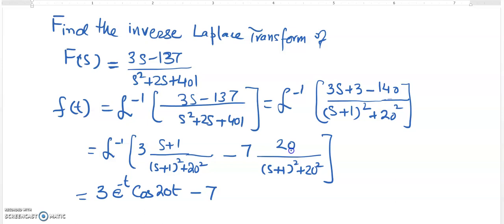And minus, this is for the sine, because for the sine omega is here, for the cosine s is here, so it will be minus 7 e power minus t, which is also the shifting of s, times sine 20t. In this way we can find the inverse Laplace transform of this function.